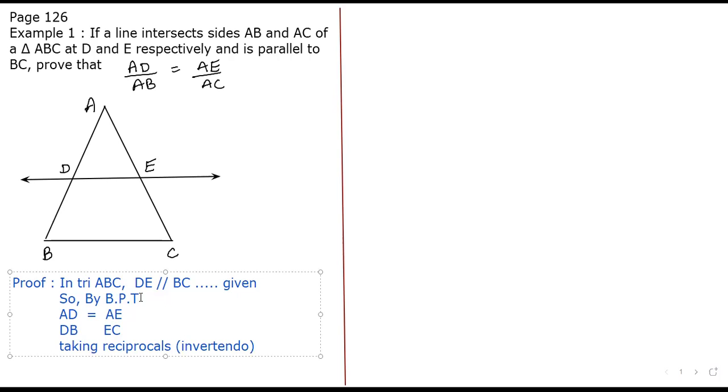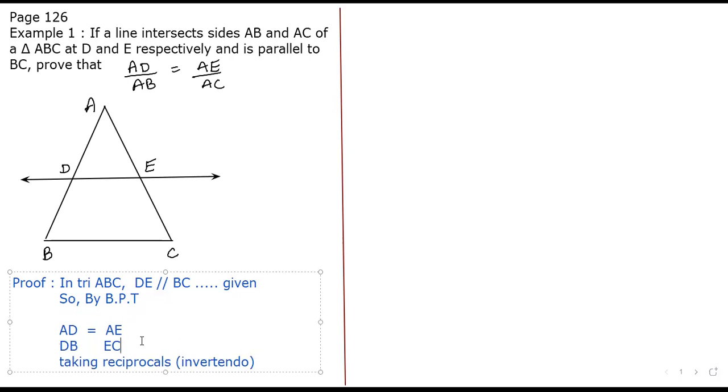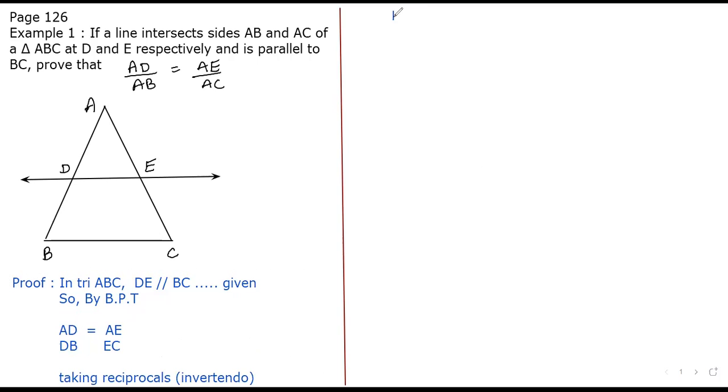By BPT you get this ratio, and by taking the reciprocals, let me write: DB upon AD is equal to EC upon AE.